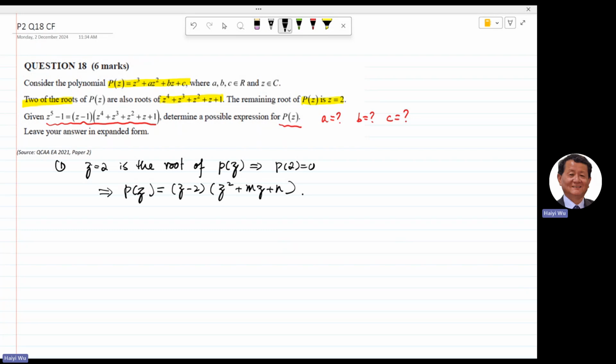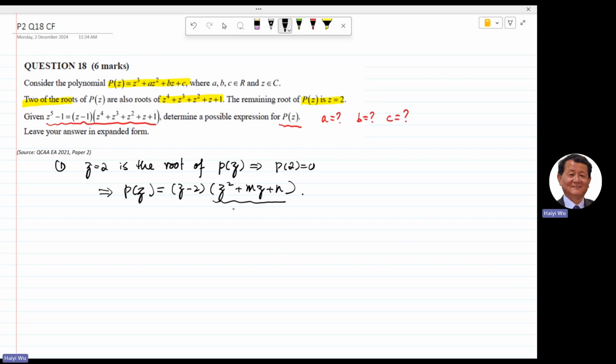So we don't know m and n. Now we're going to decide the roots of the quadratic.